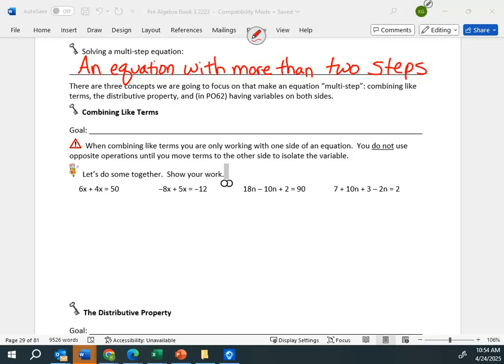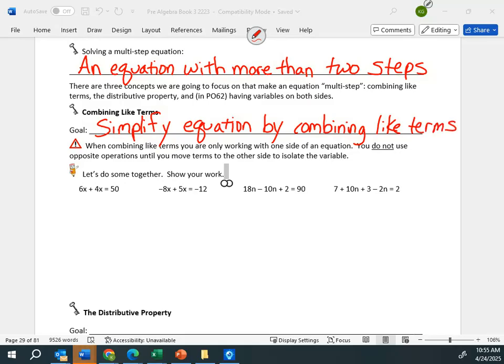When we combine like terms, our goal that we learned yesterday was to simplify the equation by combining like terms. Not the same kind of simplifying we do with fractions. Different way to simplify, but it's that simplifying, combining the like terms.